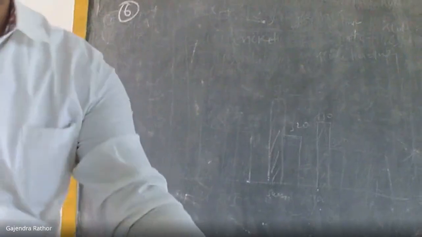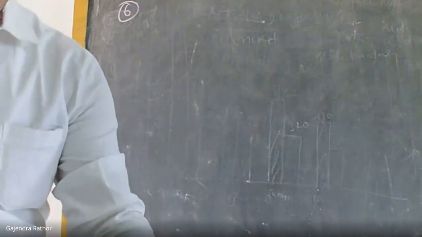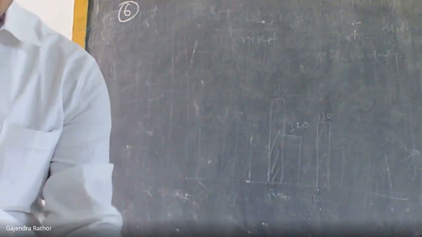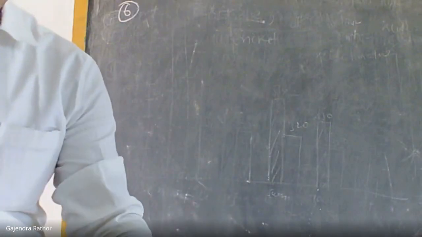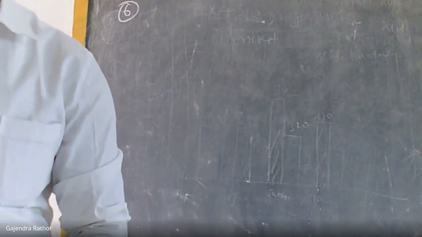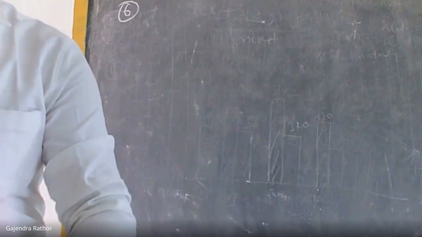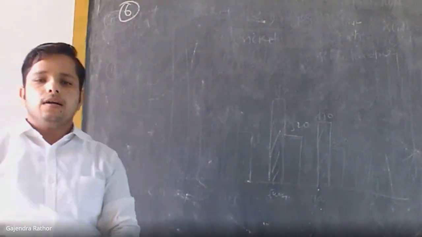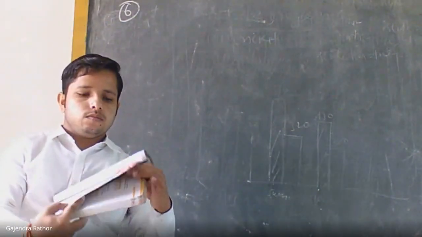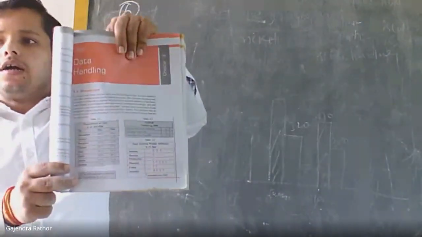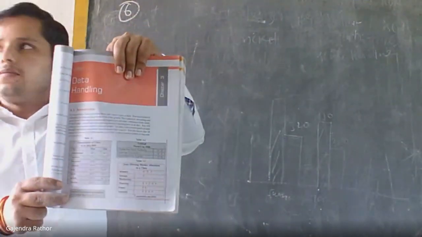I am also telling you the page number. In the starting of this chapter, okay, page number 57. Page number 57. There is a table given, table 3.1.